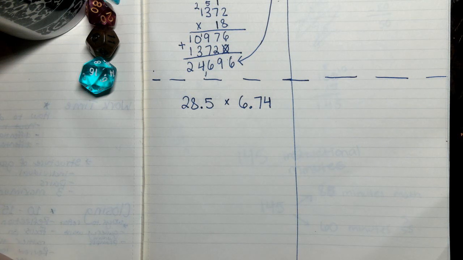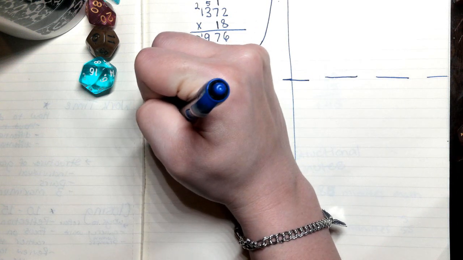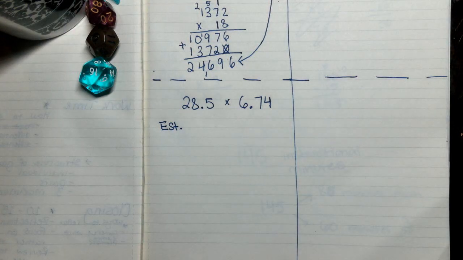Okay? Estimating with decimals is actually really easy because I always just round it to the nearest whole. Especially when they're this small. They're not very big numbers. Like 28 is not very big, 6 is not very big. So let's estimate it. 28.5, I want it to be a really easy number to multiply with, like something I can do in my head. So you might be thinking, oh, well, round it to 29.